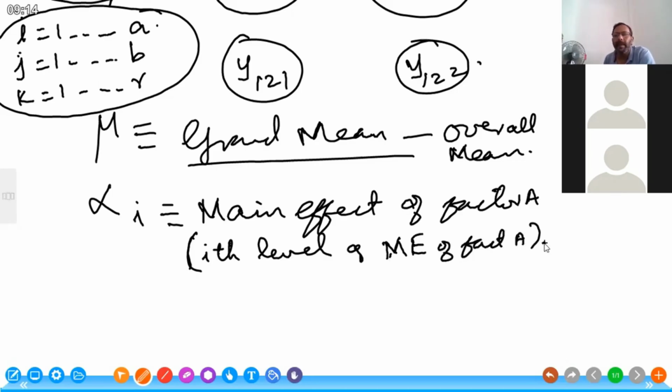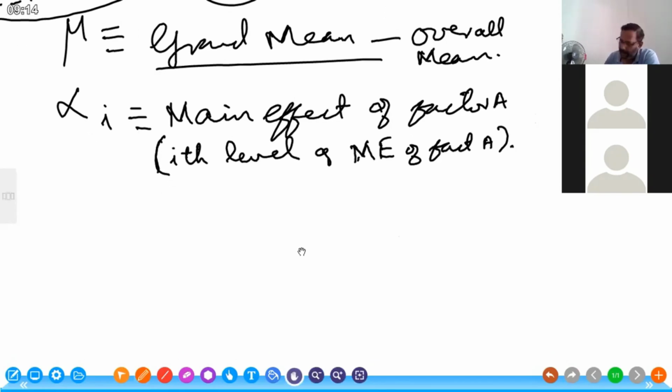Even main effect of factor A is fine. Right. What about this one?